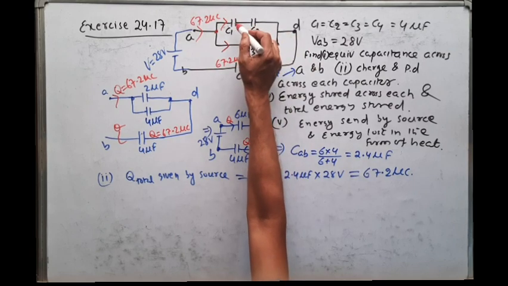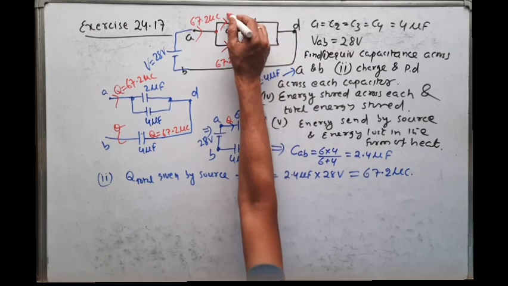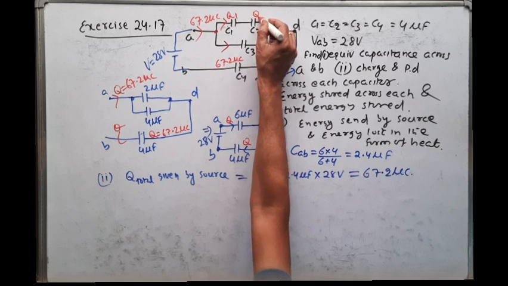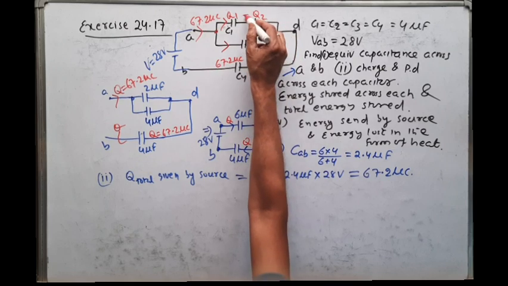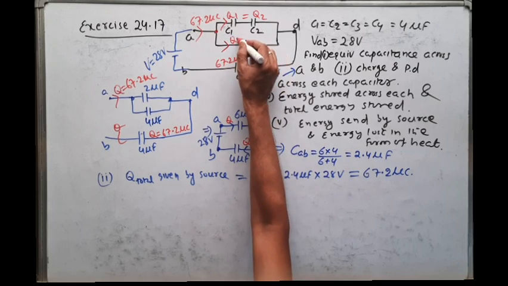So here this is C1 and C2, both are connected in series. So here charge across C1 is also equal to charge across C2, that is Q1 is equal to Q2. But here what is the charge through C3? It is, let us say, Q3.